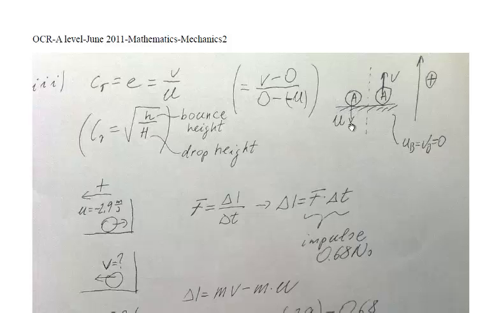This is the initial speed, and the bounce, its final speed. And if we apply the previous formula, VA minus VB over UB minus UA, we get this formula.